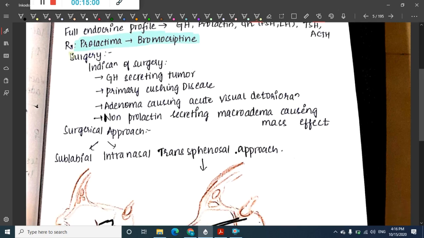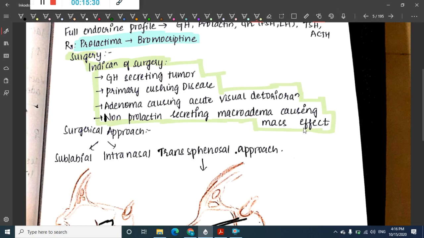Okay, then we can do surgery. In surgery, the indications for surgery are important. Surgery is done if the tumor is a growth hormone secreting tumor.